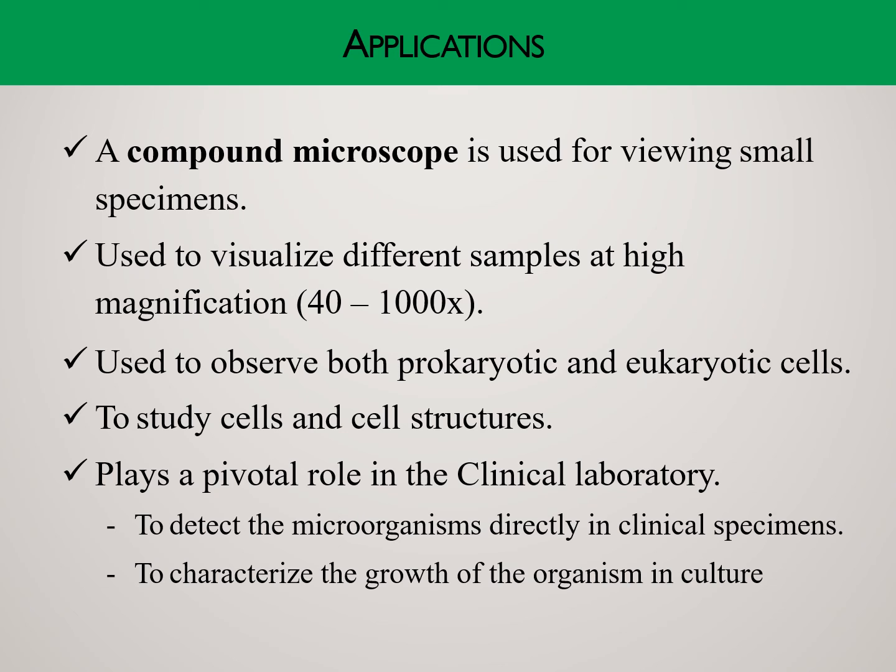We can also observe division stages of cells and migration of different bacterial cells. We can also use it to study different types of cells and cell structures, and it plays a very important role in the clinical laboratory to detect microorganisms directly in specimens and to characterize the growth of microorganisms in different types of culture media.